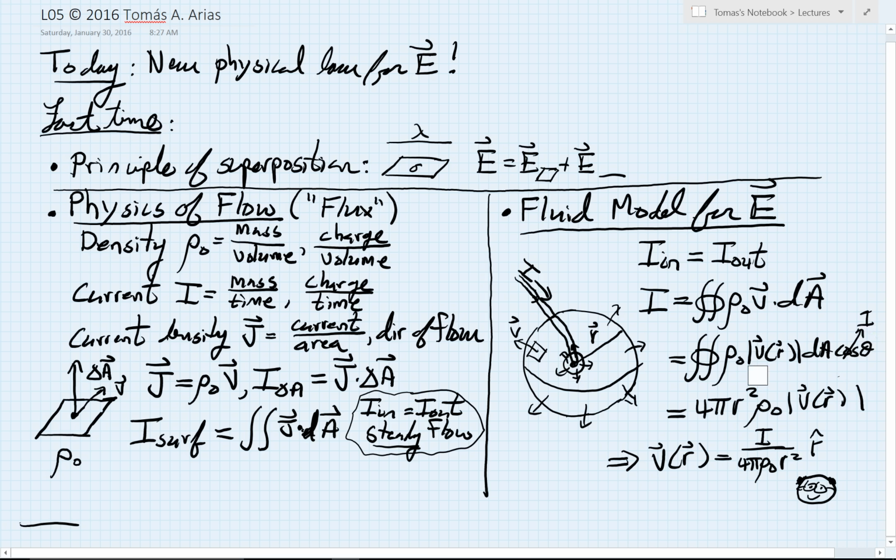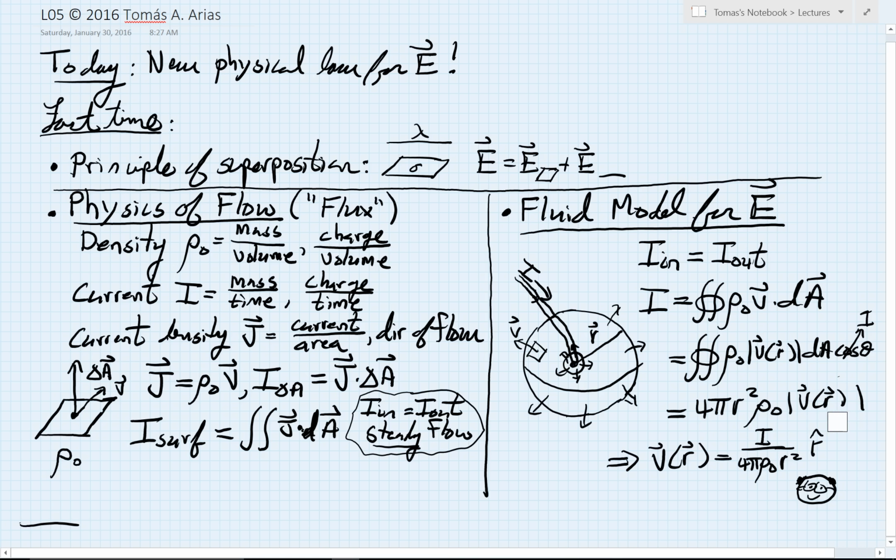We then noted that the density, and also the velocity, its magnitude at least, should be constant across the surface by symmetry. All these points are equidistant from our source. So we could pull rho naught and the velocity out of the integral. That just left us with the area 4 pi r squared times rho naught times the magnitude of our velocity.